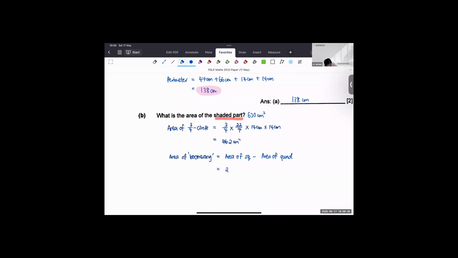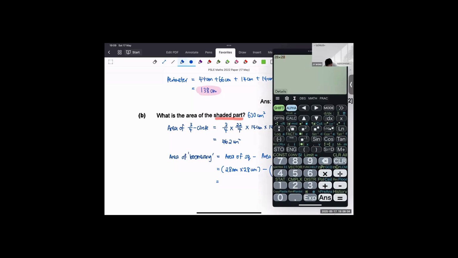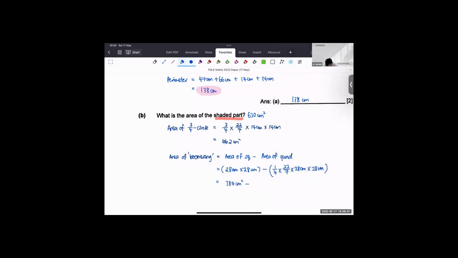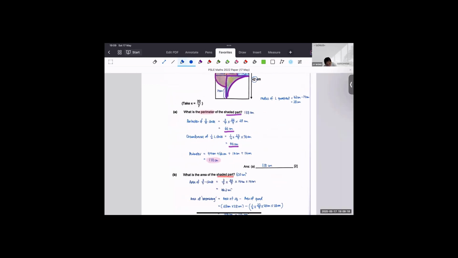That will give you 28 cm times 28 cm minus 1/4 times 22 over 7 times 28 centimeters times 28. We do this part by part. 28 times 28 will give you 784 square centimeters minus 616 square centimeters, you will get 168 square centimeters.